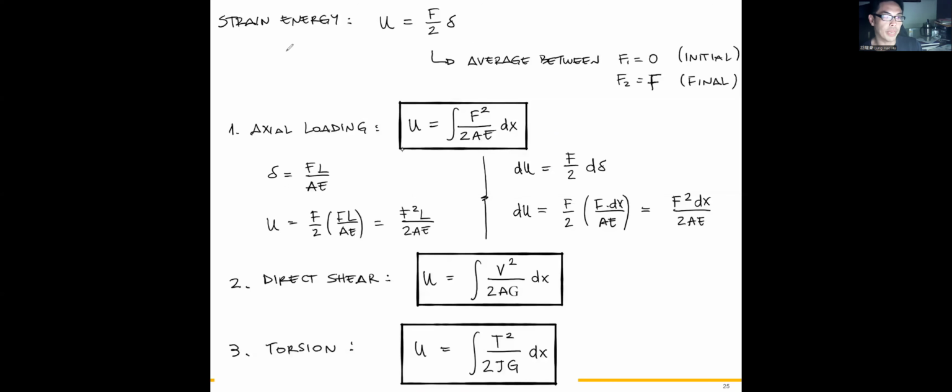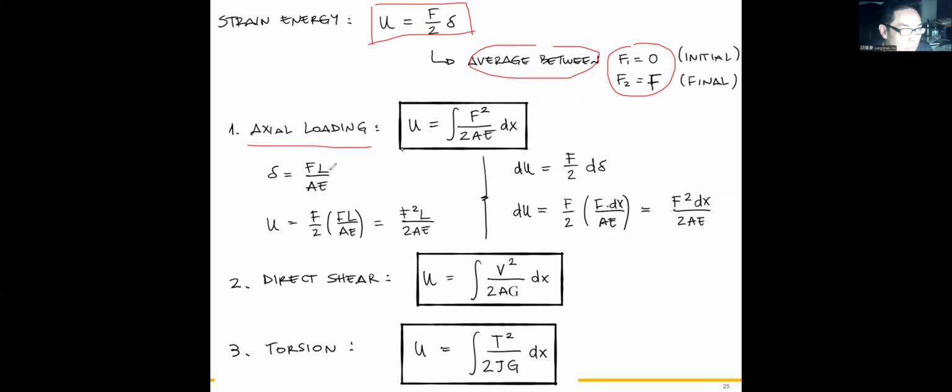So from the definition at the very beginning, the strain energy U equals F over 2 times the delta, right? The average between F1 and F2, 0 to F. Okay, so I'm just going to summarize the energy with respect to different conditions. First is the actual loading. This is the deformation delta, and this is the strain energy. So we plug this delta here, and we find the energy of actual loading.